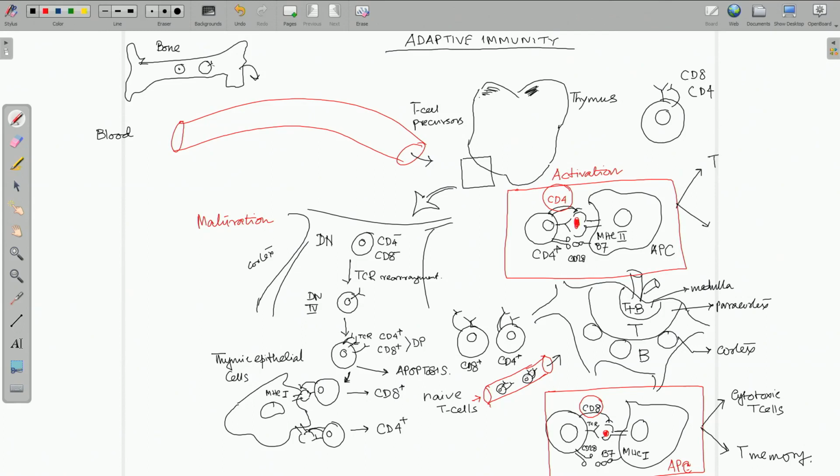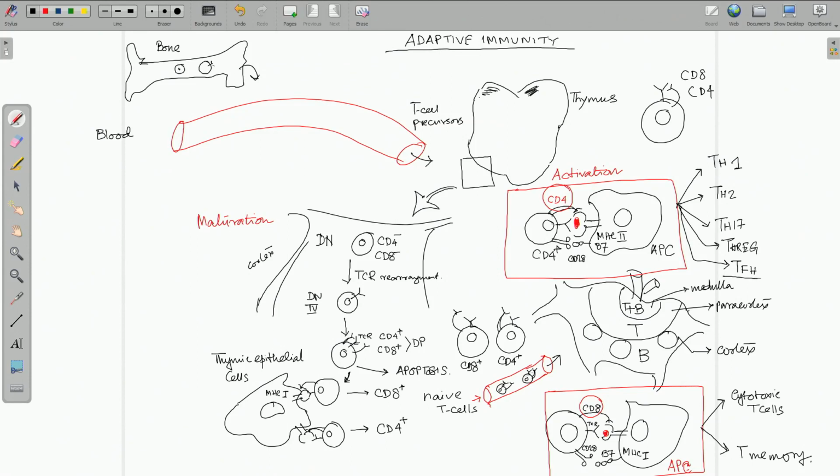So, the T helper cells can give rise to Th1, Th2, Th17, or the Treg cells, the regulatory cells, as well as a specific class of T cells which are also known as TFH, or the follicular helper T cells.